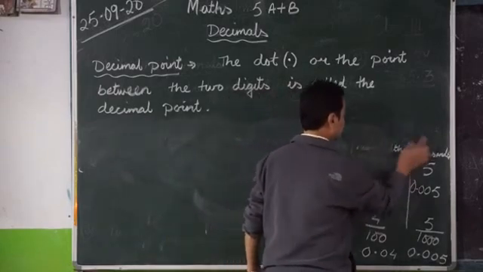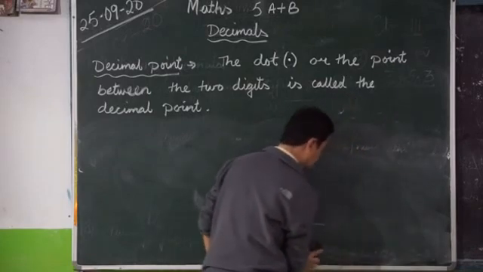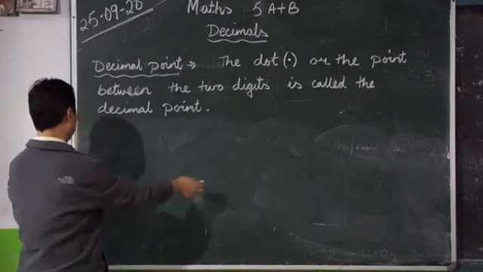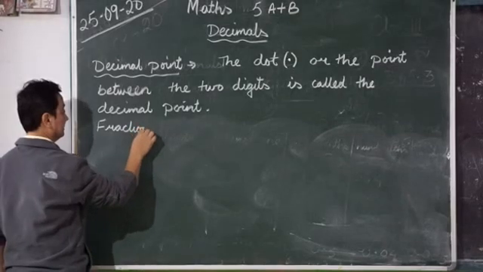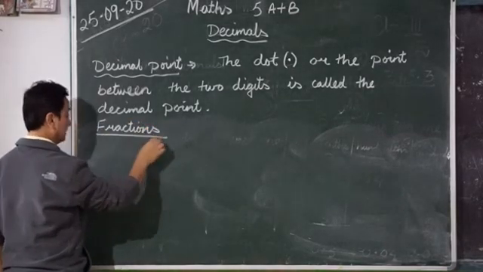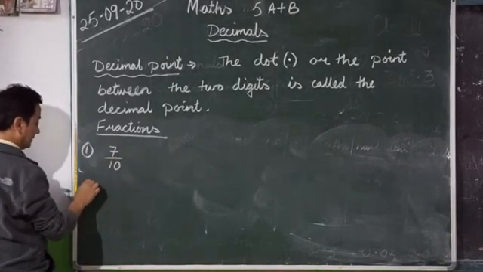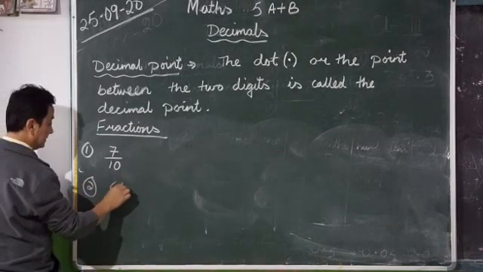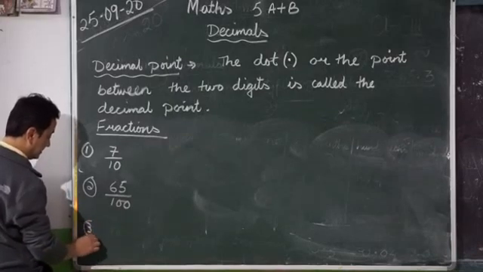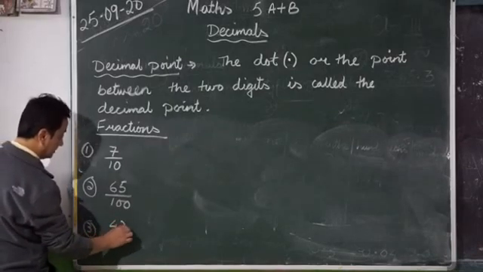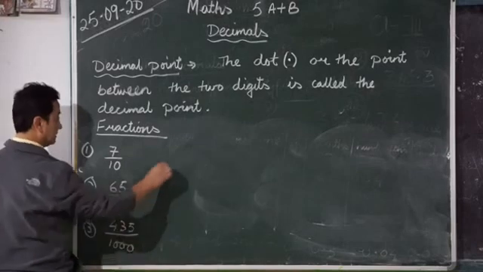Now let's do another exercise on how we can write fractions as decimals and how to read them. So let's write the fractions here. Fractions: 7 upon 10, 65 upon 100, 435 upon 1000.